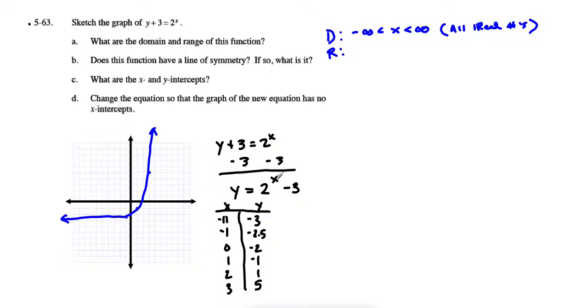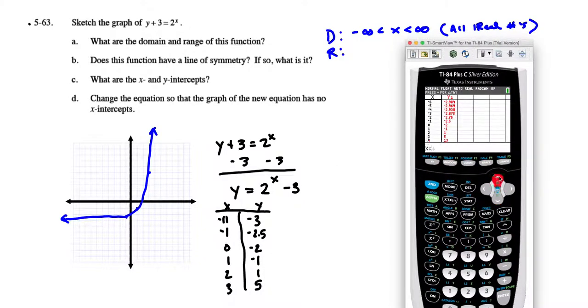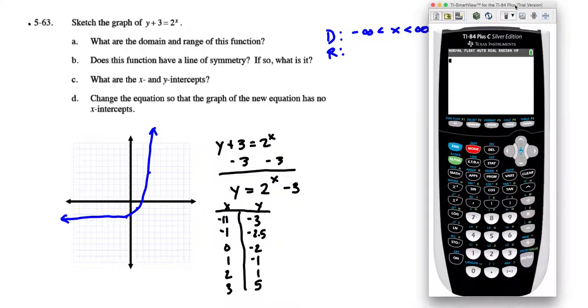If I put in another value like -11 here, maybe I should pull out my calculator to show this. Let's do 2 to the -11th power. When we hit enter, you're going to see that we've got 4.88 and so on there.